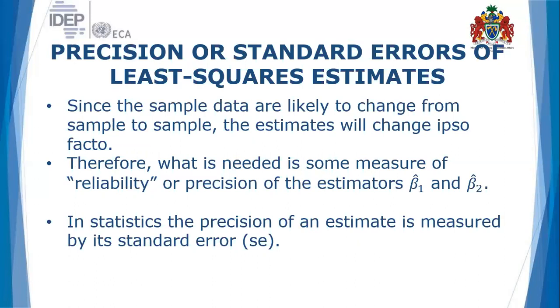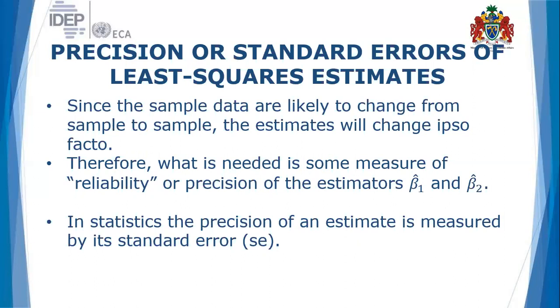Now, having looked at those 7 assumptions underlying the ordinary least squares method, which must be used while interpreting our estimates, let us now move on to precision or standard errors of least squares estimates.